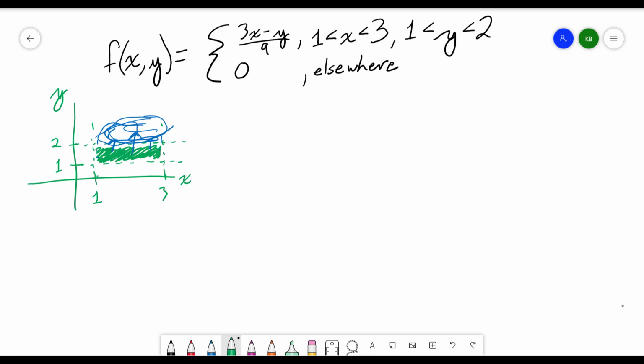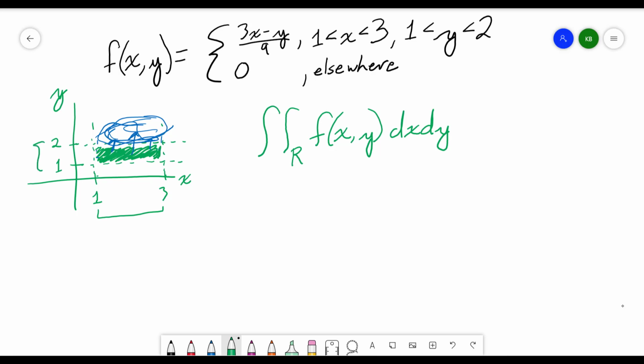So to do that, we take the integral over that region of our f of x, y function with respect to x and with respect to y. Now I can break that region up into just its x components and its y components separately. And when we're thinking about multiple integration, that's what we're going to be doing. We're going to break our region up into x and y components.